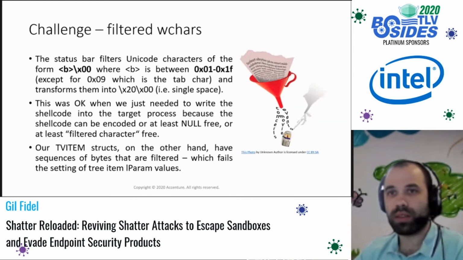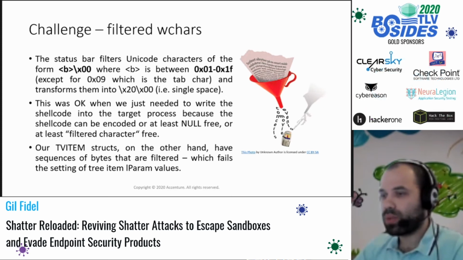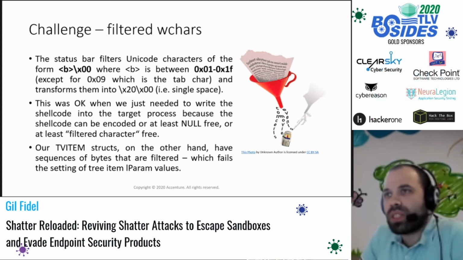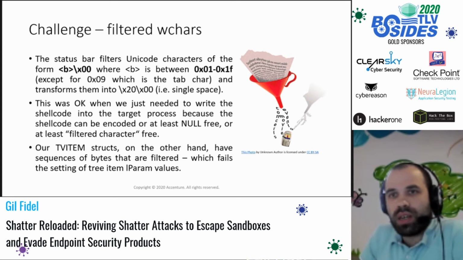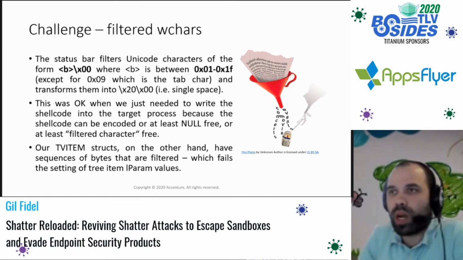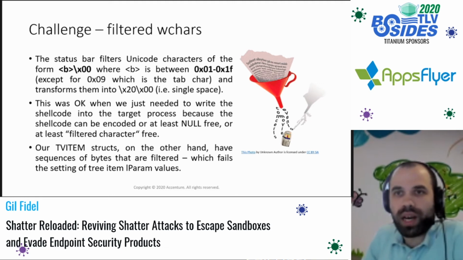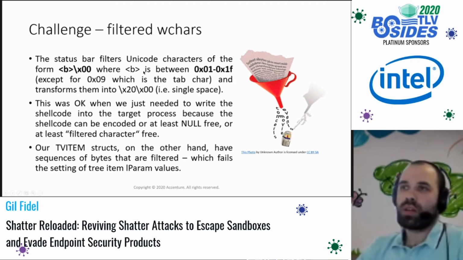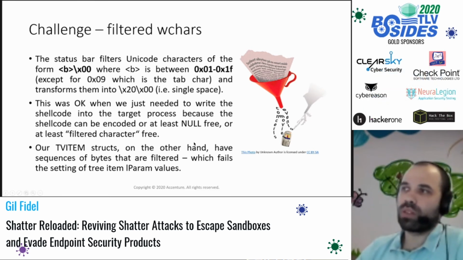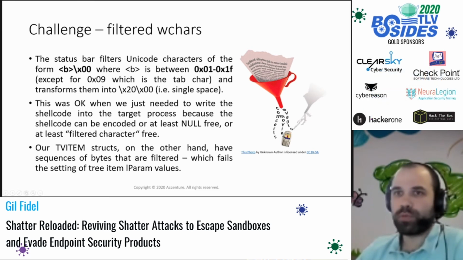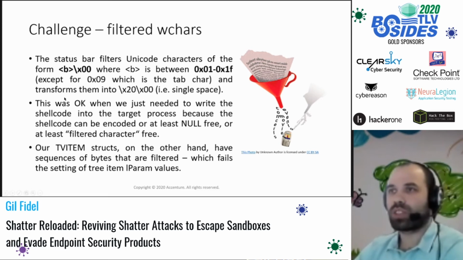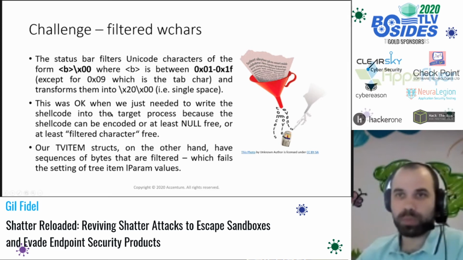However, there was another small challenge. It turned out that the status bar does some filtering. Basically, it filters the wide character counterparts of the non-printable low ASCII characters, which means that for each wide character of the form B 00, where B is some byte between 1 and 1F, except for 9, which is a tab character, it transforms it into 2000, which is a space character.